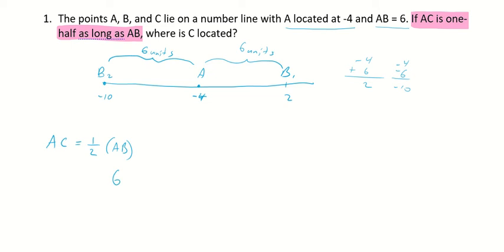So I can substitute 6 units for that distance into this equation. And the distance from A to C is 1/2 of 6, or 3 units.